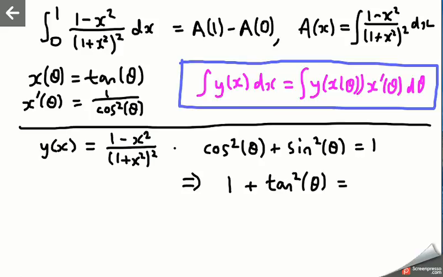And this is equal to 1 divided by cosine of theta squared, which is the same as x prime of theta. So x prime of theta is equal to 1 plus tangent of theta squared, and of course that's equal to 1 divided by cosine of theta squared.